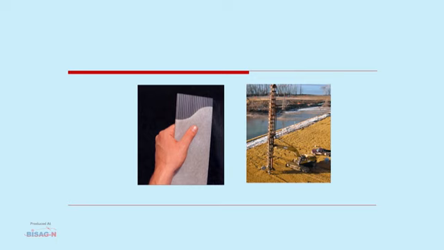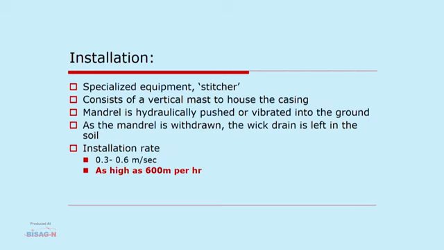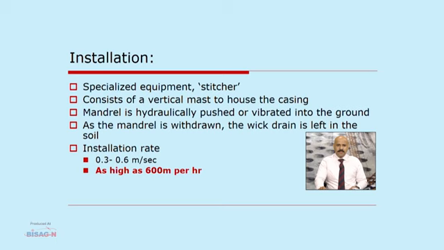These are the photos of drains which are installed for pre-consolidation in a ground improvement technique. Installation, as discussed earlier, uses specialized equipment, a stitcher, which consists of a vertical mast to house the casing. The mandrel is hydraulically pushed or vibrated into the ground. As the mandrel is withdrawn, a wick drain is left in the soil.